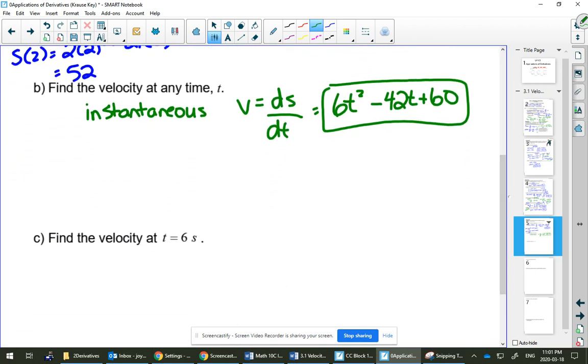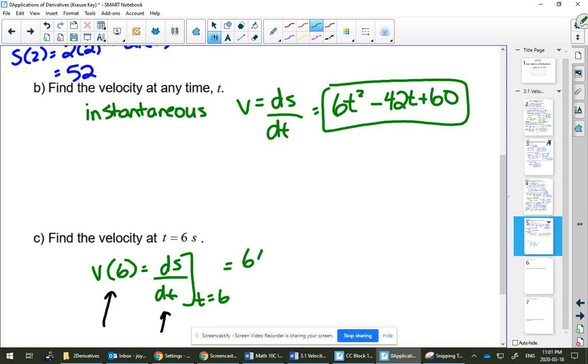If we're asked to find the velocity at a particular time, then we're just subbing in that point for t. Now, I can write velocity of time equals 6, or I could write velocity equals the derivative of position with respect to time when t equals 6. So either one of these examples can be used when we're representing derivative. All right, so we sub it in. 6 times 6 squared minus 42 times 6 plus 60 equals 24 meters per second.